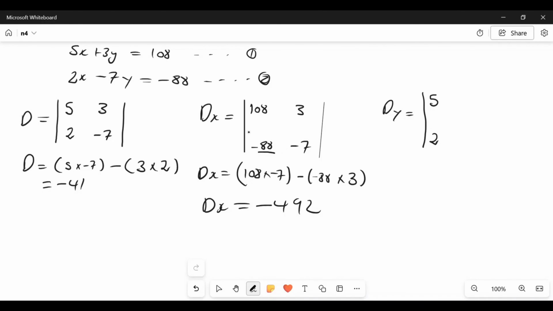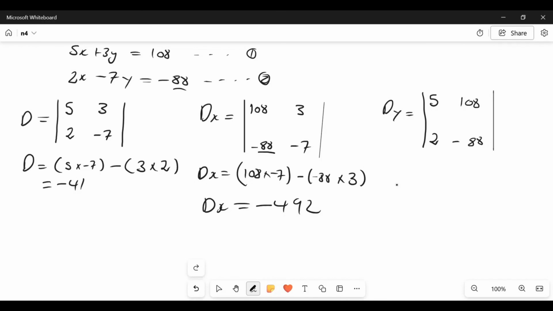And then since we are calculating the determinant of y, we have to take the constants and include them in the second column because the second column is for y. So here we're going to write 108 because the first row represents the first equation and the second column represents y. So we're going to put that there. And then the fourth entry is going to be negative 88.